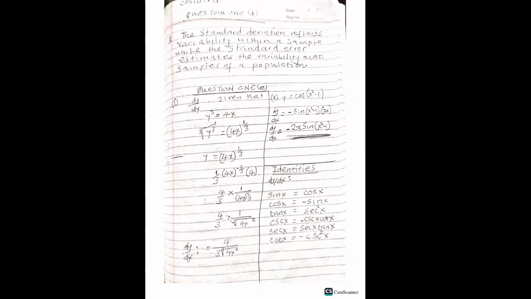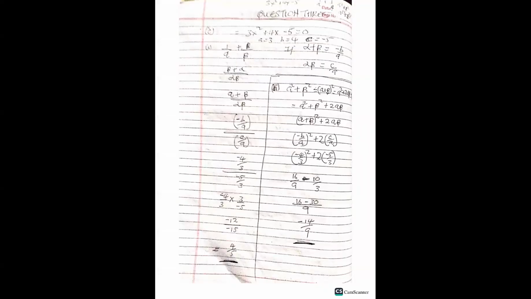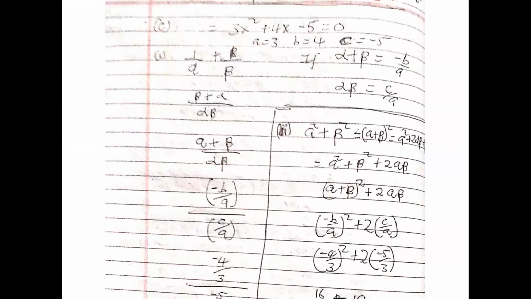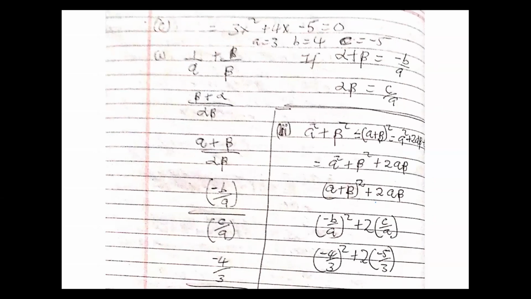So given the equation, this is the equation that you were given. I'll be writing so that you understand. You just have to understand the simple identities. In the meantime, I will not go deep into how to derive where these things come from, alpha, beta, beta, alpha.